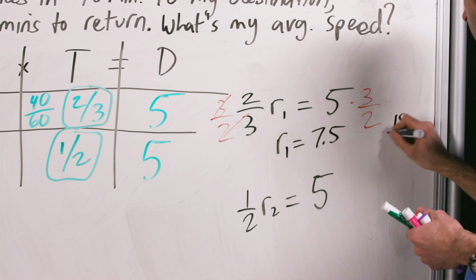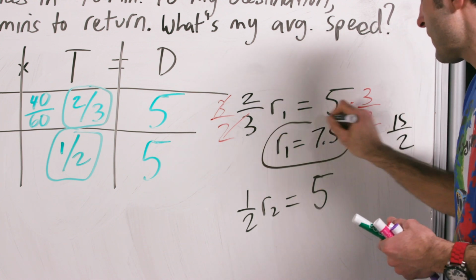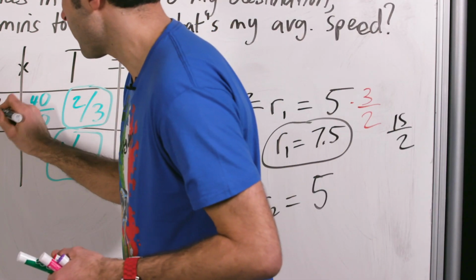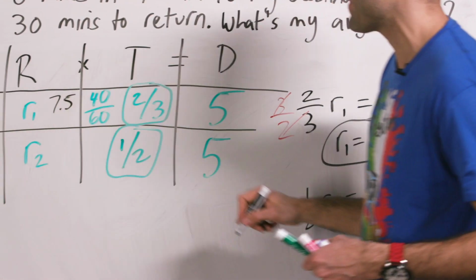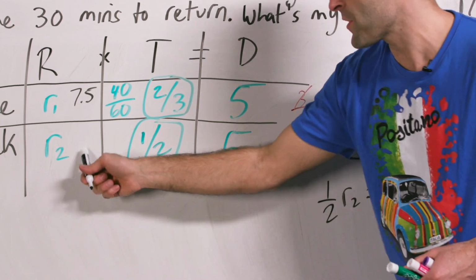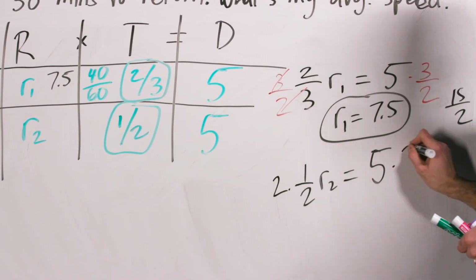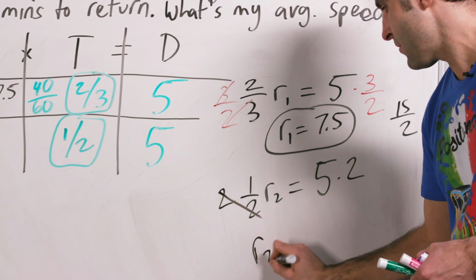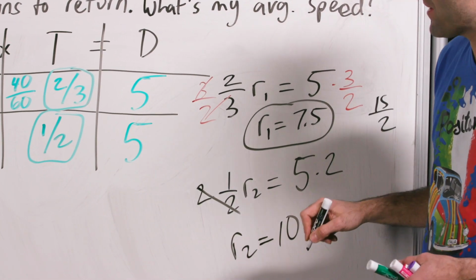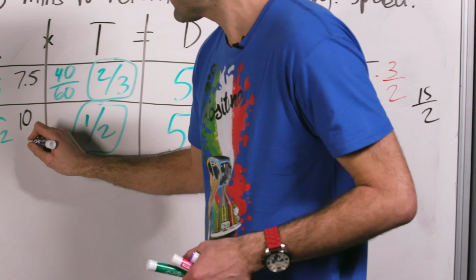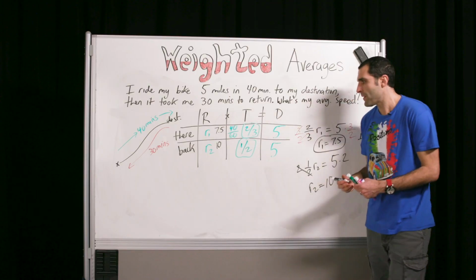It's 15/2. All right, let's put that down. 7.5 miles per hour on the way there. It looks like on the way back we're going to go faster because we're going downhill. Takes us less time. Lo and behold, R2 equals 10. Yeah, we're going faster on the way back. So it's 10 miles per hour on the way back.